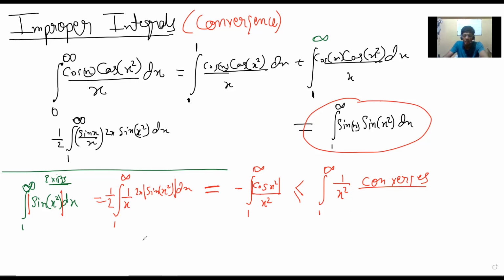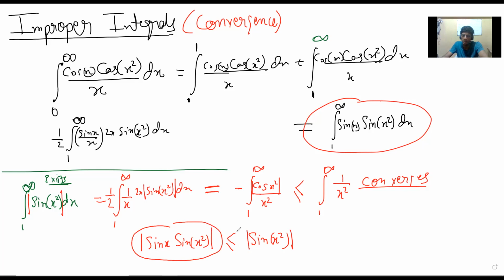What I mean to say is that if you take this, mod of this is less than or equal to mod of this, and this thing is converging.